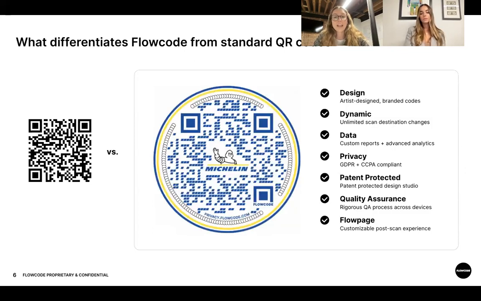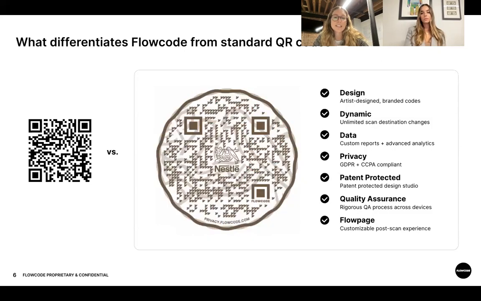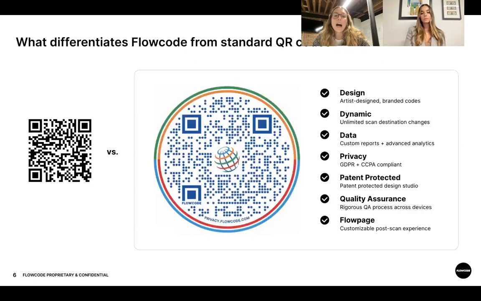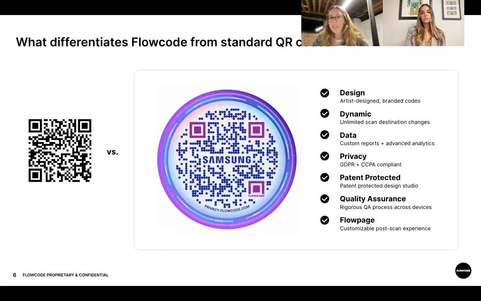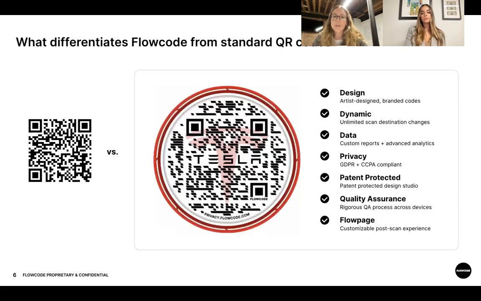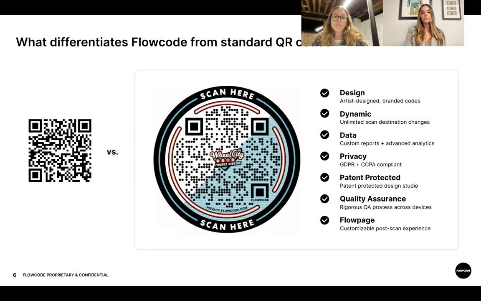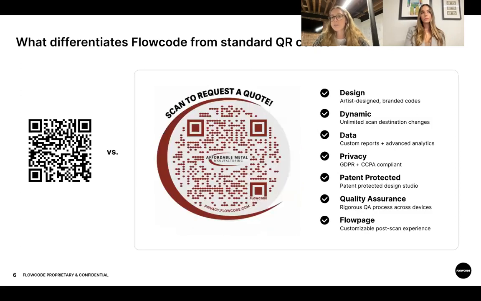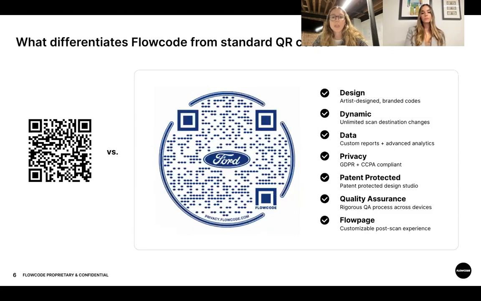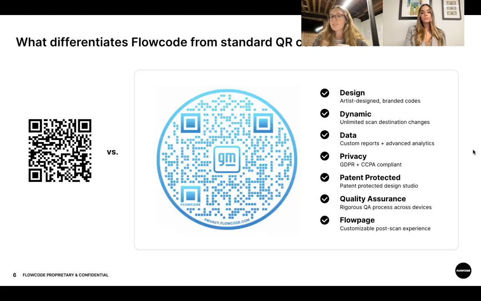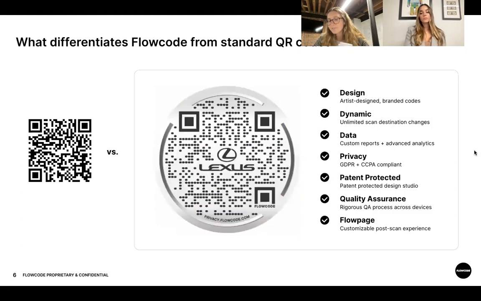All Flowcodes are also dynamic, which means that you can change the scan destination at any point. Even if you printed out the code or put it on any of your materials, you can always change the scan destination. So you don't have to worry about reprinting or spending the time or money changing that code entirely. You can just edit it easily on the back end.